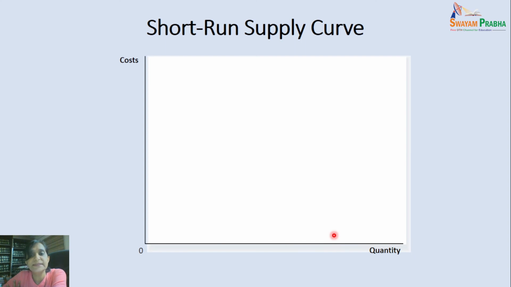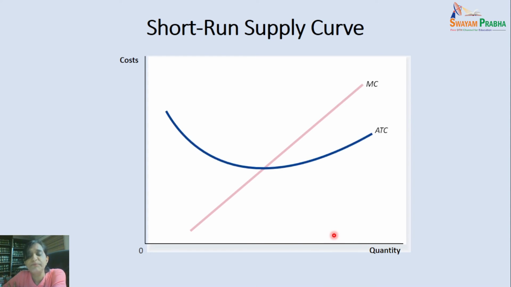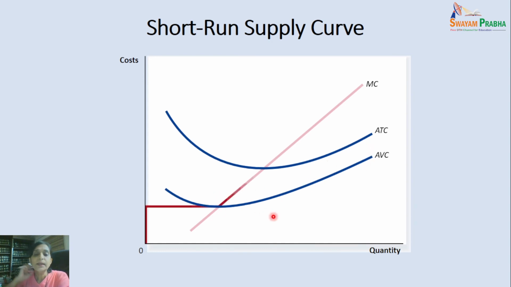Let us understand this graphically, whatever we have said. Let us say this is your marginal cost curve. This is the average total cost curve, which is U-shaped. Then we have your average variable cost curve, which is also U-shaped and rising. Now, if this red horizontal line is the price at which it has to sell, this should be the minimum price at which it should produce.